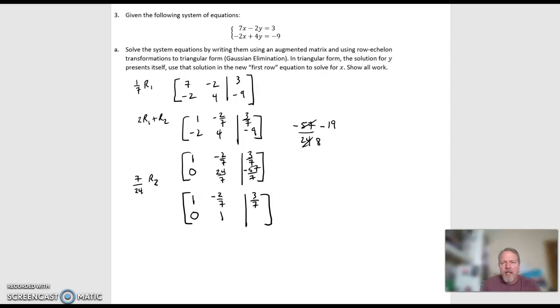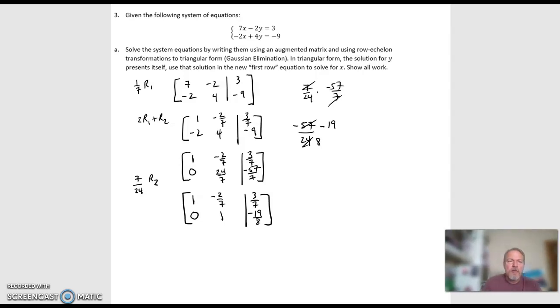So this reduces to -19/8. And where did that come from again? It was the 7/24 times the -57/7. Remember, the 7s reduce to 1. I was left with -57/24, and that reduces to -19/8.